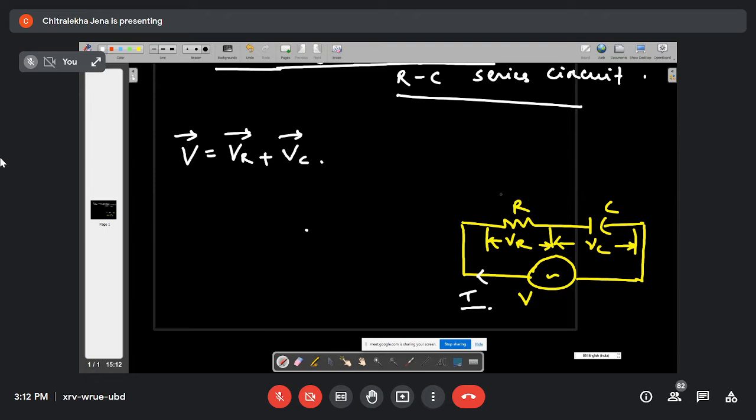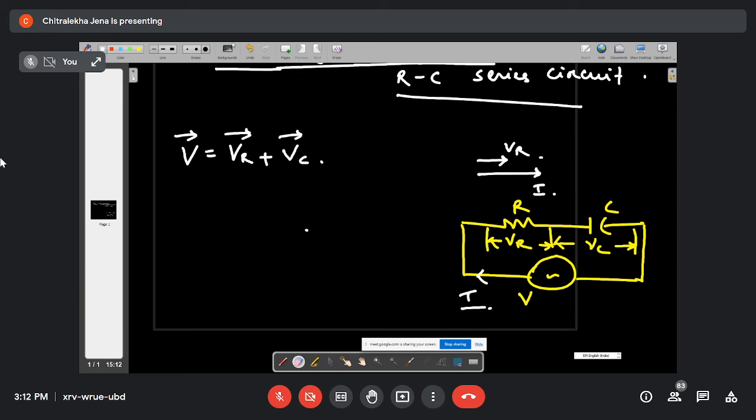Due to the presence of the resistance, the voltage across the resistor will be in phase with the current. So the phasor of VR and I is like this. And due to the presence of the capacitor, what will be the condition of the voltage?